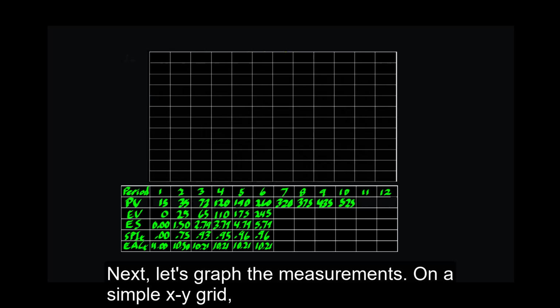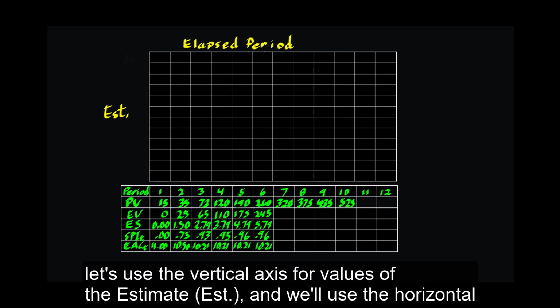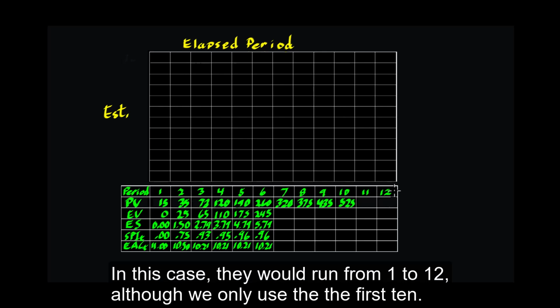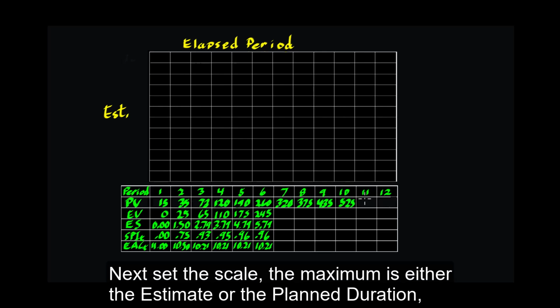Next, let's graph the measurements. On a simple XY grid, let's use the vertical axis for values of the estimate, and we'll use the horizontal axis for the elapsed periods. In this case, they would run from 1 to 12, although we only use the first 10. Next, set the scale.